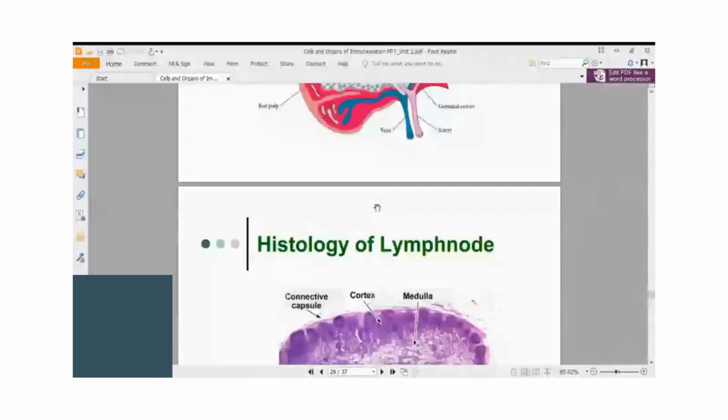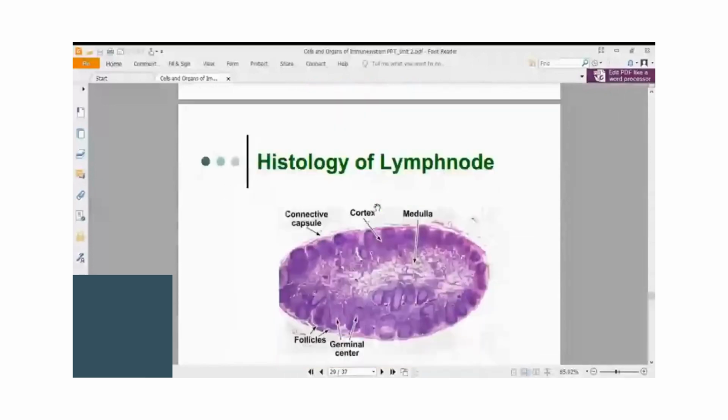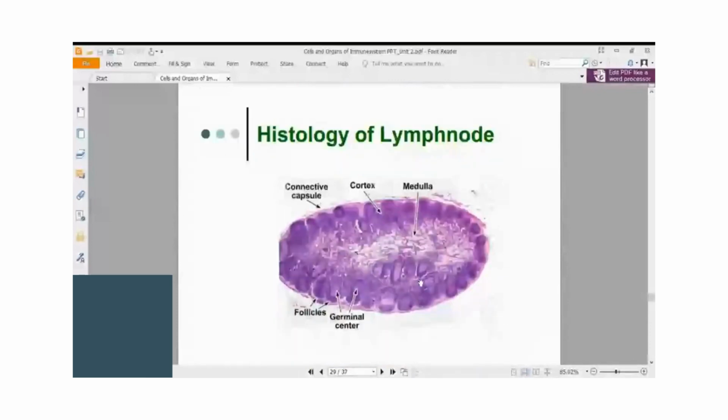Now we will go to another secondary lymphoid organ, the lymph node. Once again, look at this, it almost resembles the spleen, and there are a large number of island-like structures called germinal centers, which are nothing but lymphoid follicles.